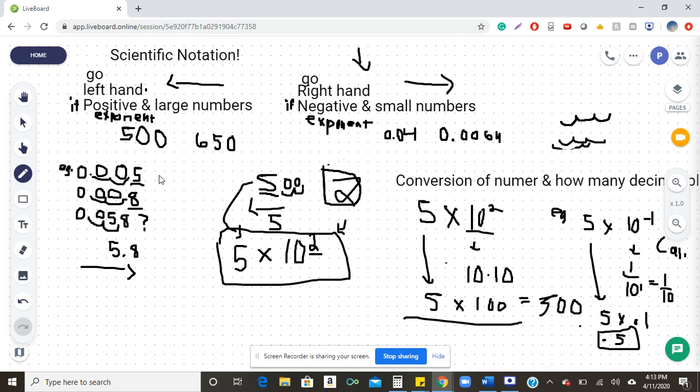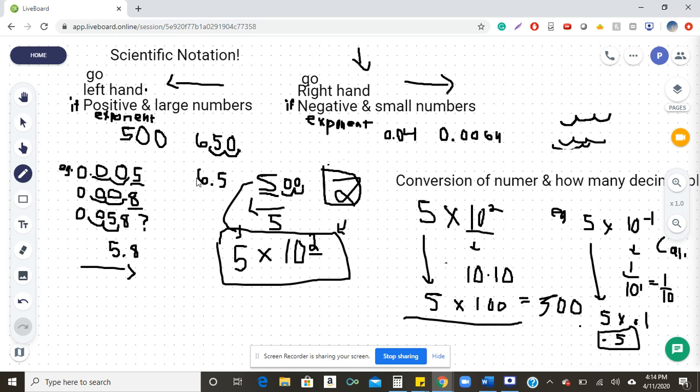So another example would be 650. You place the decimal where it naturally lays, and you just keep moving it until you get right before the last non-zero digit. But how do you write this? You are going to write down all of the non-zero digits and the decimal where you placed it. So you're going to write down 6.5.